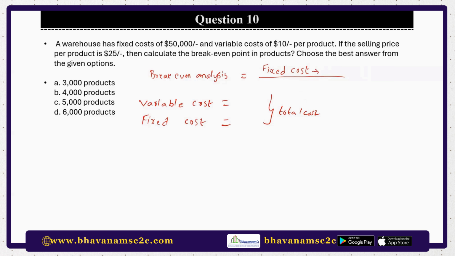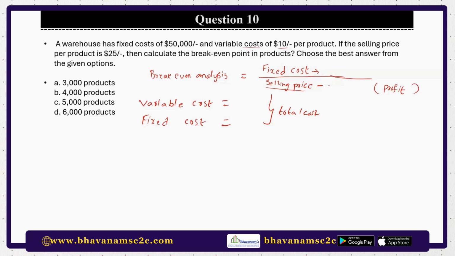After solving this problem, you have to go with the fixed cost, and the selling price you have to put in the denominator. But what you have to do is subtract the cost value of that particular product from the selling price. Then that is the point where you will get profit. Am I correct?